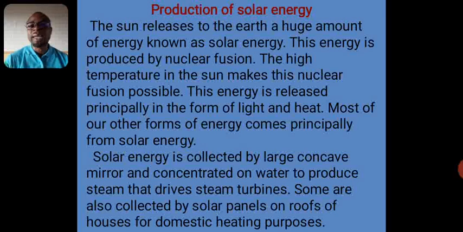Okay, we have there that the sun releases to the earth a huge amount of energy, and this energy is known as solar energy. And that this energy is produced by a process called nuclear fusion.